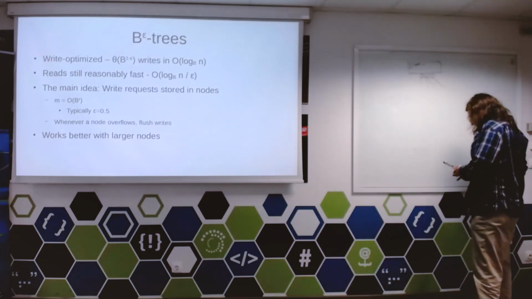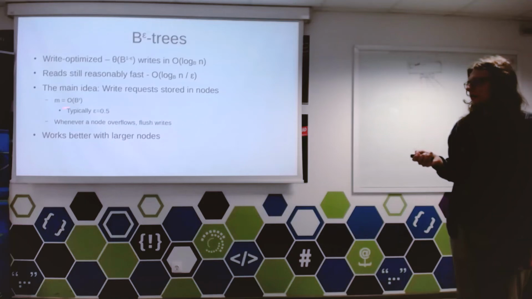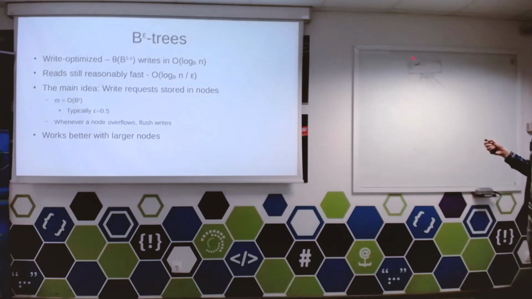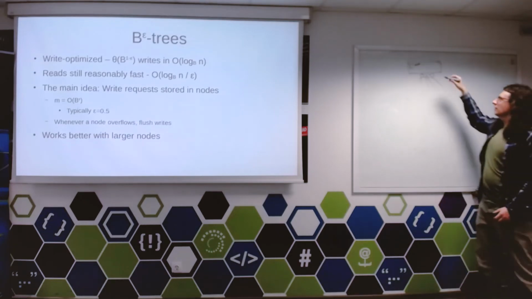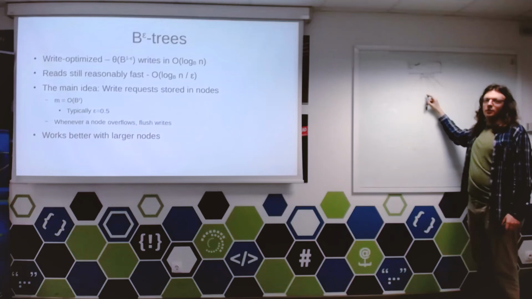If you have something like the square root of the block size in terms of keys, then the block size minus the square root of the block size is this space here used for pending writes that eventually need to be propagated to the children, but we don't do that yet.